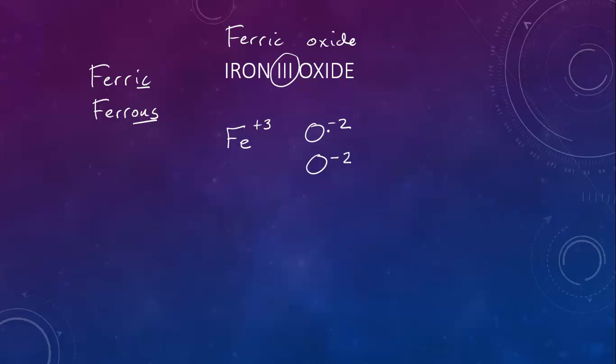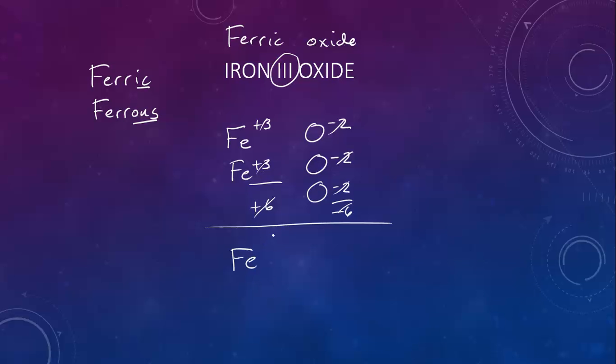So now, as you can see, we have a -4 and a +3. We don't have enough positives, so we add another +3. Now we have a +6 and a -4. That still doesn't work, so we're going to have to add our final ion, so that now we have -6 and +6. So they all cancel out. So Fe, there's 2 of them, O3.